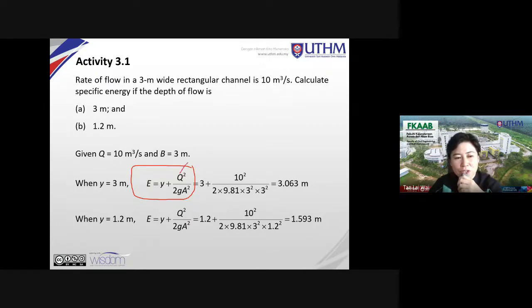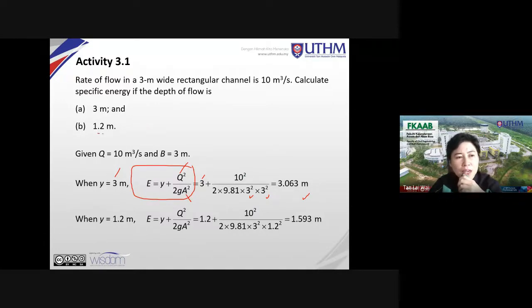You have Q equals to 10, Y equals to 3 meter. Of course, A is B times Y, so 3 times 3, since it's A squared, you have to square both. So the specific energy is 3.063.